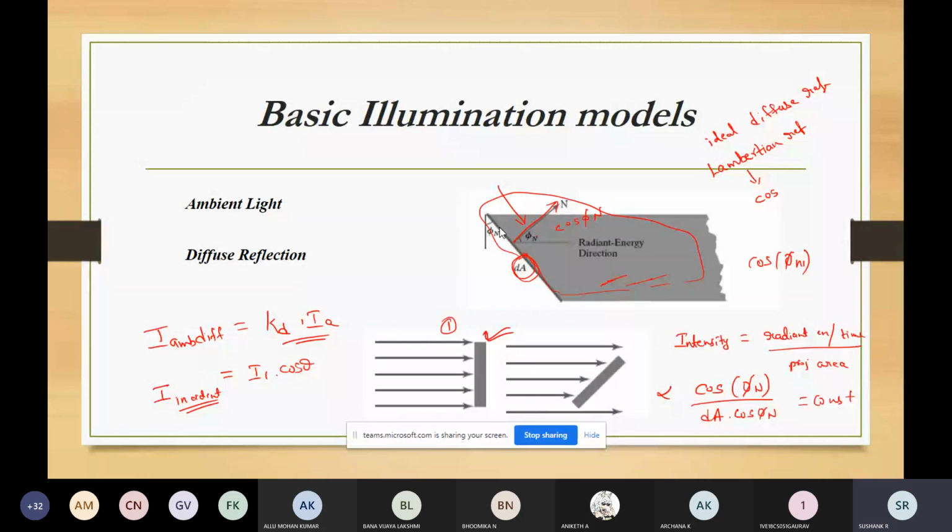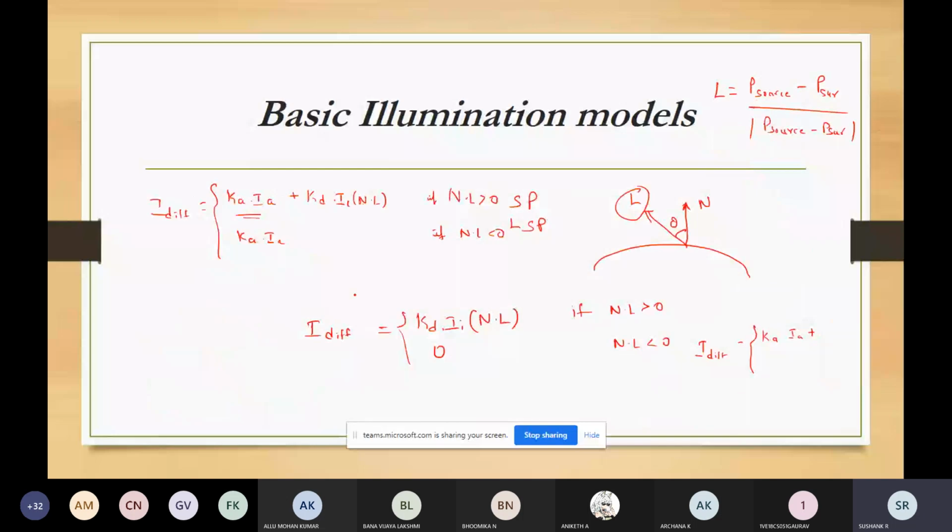After this, we calculated I ambient and I diffuse equal to Kd into Ia, where we also know that when light is falling on the surface, the intensity can be calculated from the intensity value and the angle between them. Then we further simplified in terms of the vectors to get those equations, and finally we got this I diffuse value. So this is for the diffuse reflection.